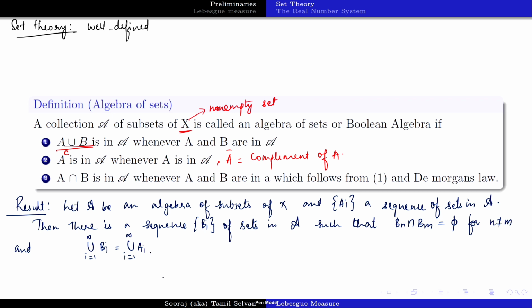Let me try to give you a picture kind of representation. This is not the exact thing, but to make you understand, I can give you this.